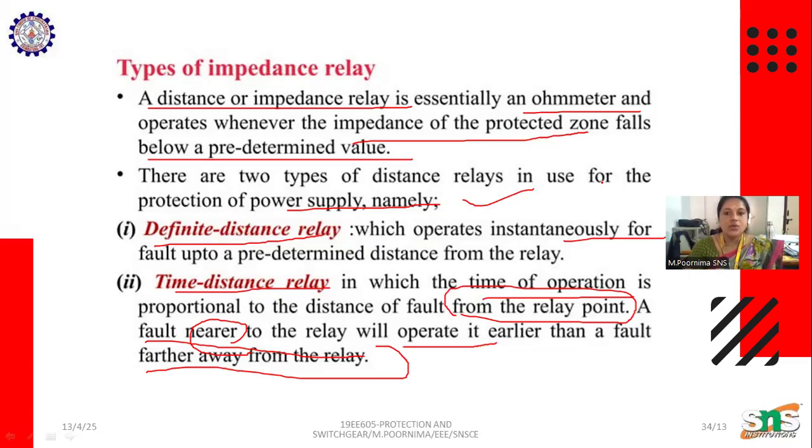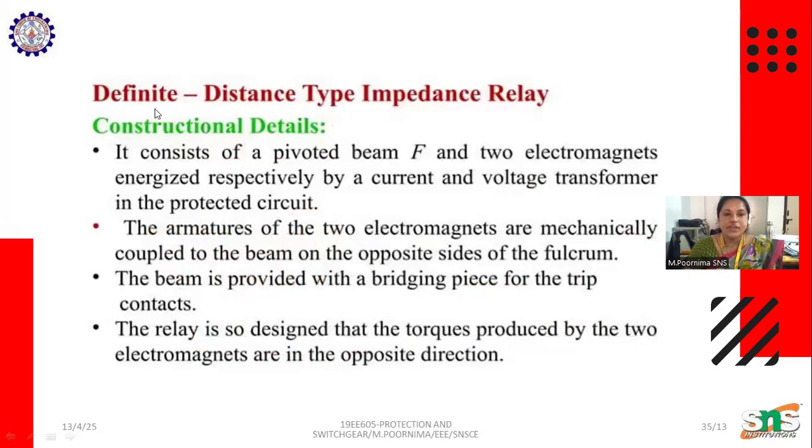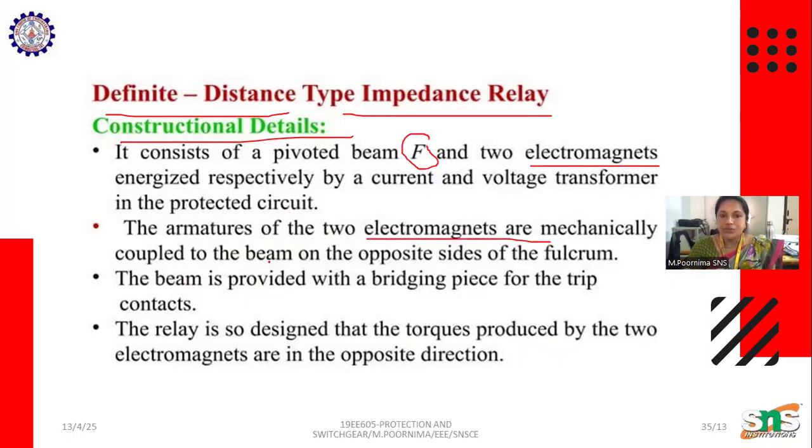Okay, fine. Now coming to the definite distance type impedance relay. Its construction consists of a beam and 2 electromagnets, and the armatures of the 2 electromagnets are mechanically coupled to the beam. The beam carries the bridging piece of the trip contactor.